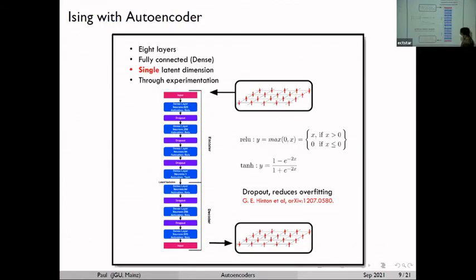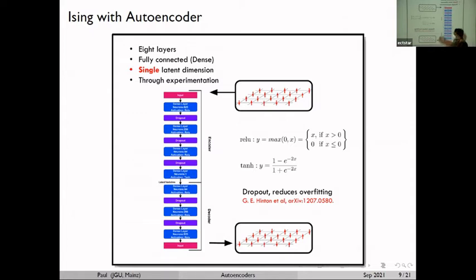So now that you have heard why we need such a structure of neurons and activation functions to study phase transitions, in our setup we have 8 layers, and this has been found through experimentation. You're trying out different ideas, like we try out different camera setups in the beginning.